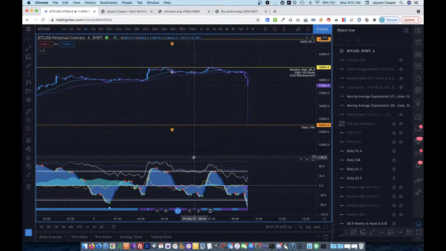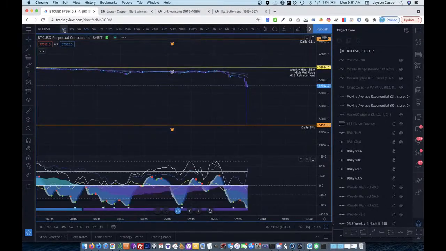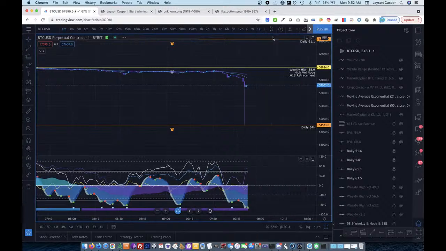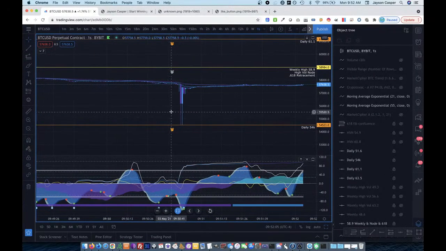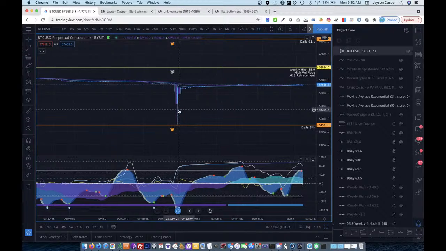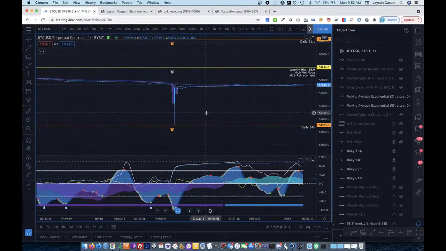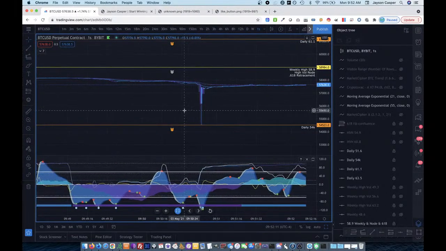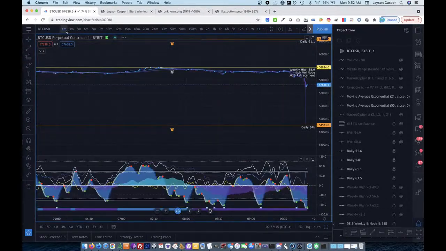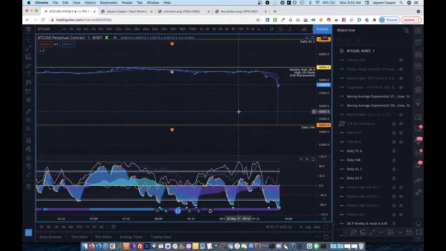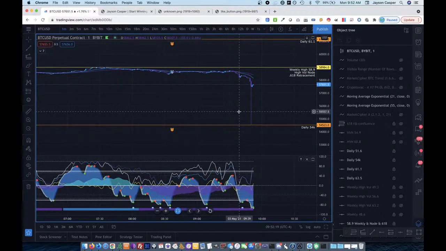Was everybody trying to long this and got liquidated? What in the world even just happened there? Let's go to the 1 minute. Let's go to like the 1 second time frame, and this is so nuts on a 1 second time frame when you have these wicks here. I should probably take a little more profit out. This is freaking me out, guys.